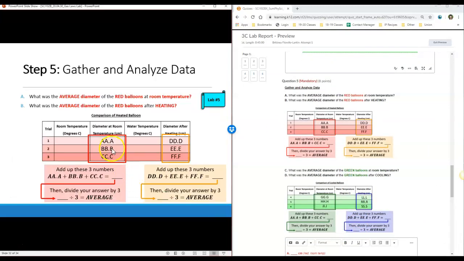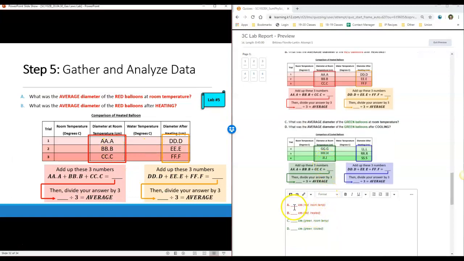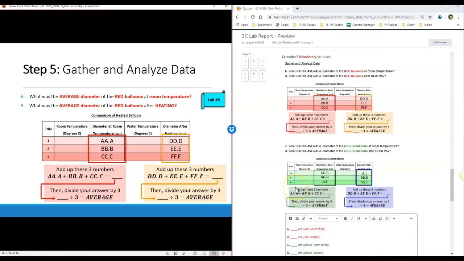Now, question number 5 asks you to calculate the averages, which is something that we discussed in class. Remember, in order to do this, we add up all the numbers in a column and then divide by the count of the numbers, which in this case is 3 of each type.